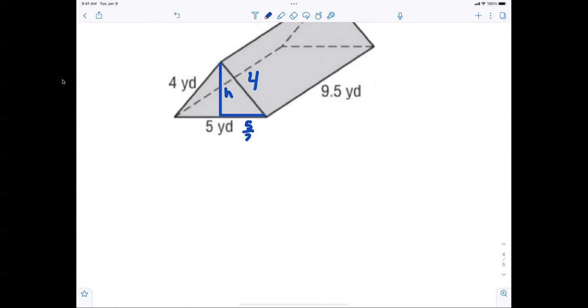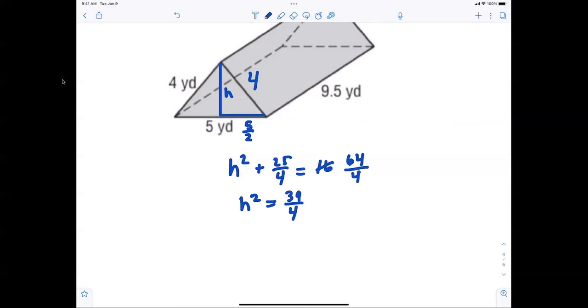Sometimes I like to use 5/2 because that's easier to square. So of course, H squared plus 25/4 equals 16. So H squared is equal to, come on now, we don't need a calculator. 16 is how many fourths? 64 fourths, right? So when we subtract 25, we get 39 fourths.